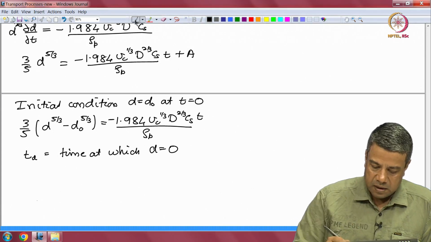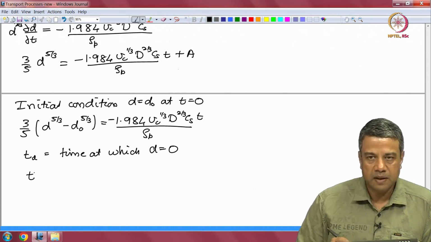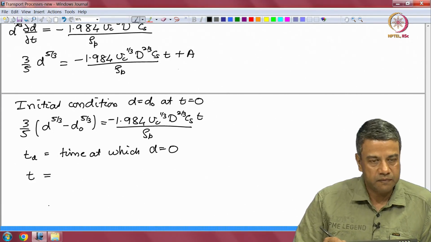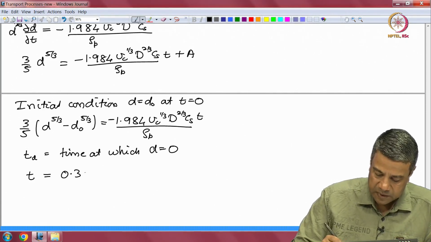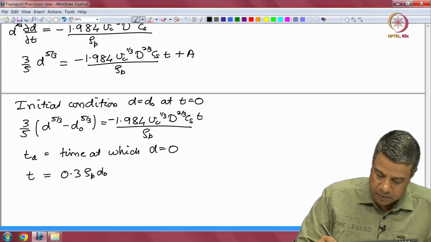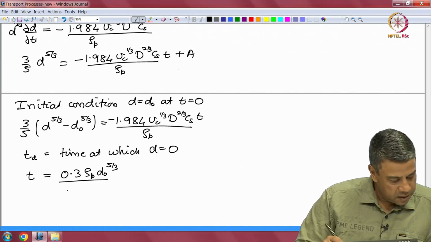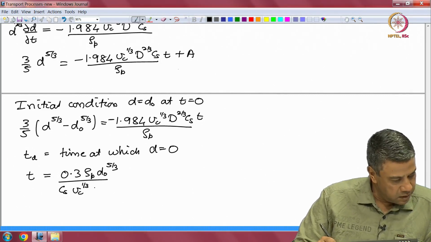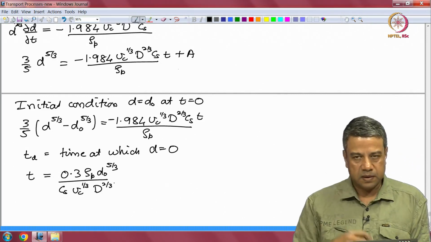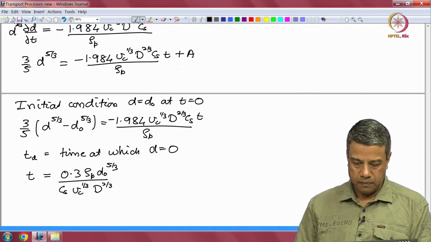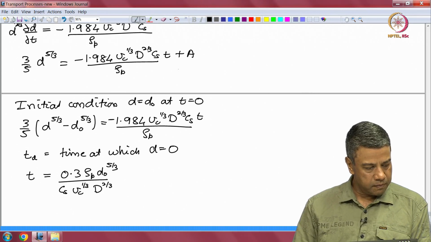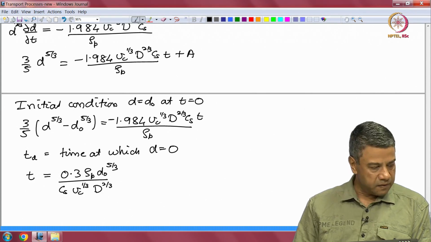And therefore, I can calculate the total dissolution time as the time at which d is equal to 0, which means this is equal to 1 by 1.984 into 3 by 5, comes to about 0.3 rho p d naught to the 5 by 3 by Cs Vc to the 1/3 into the diffusion coefficient to the 2/3. So this is the time it takes for the sphere to dissolve.